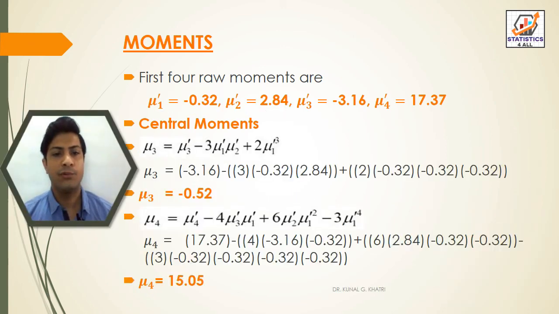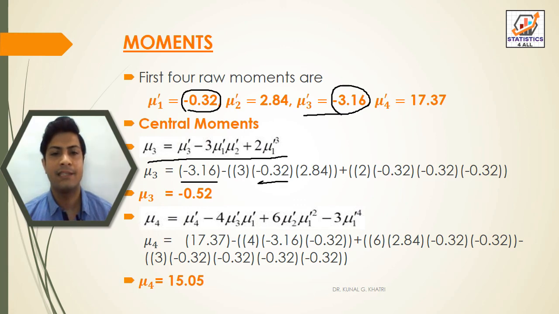Now we'll find mu 3, where mu 3 is equal to mu 3 dash minus 3 mu 1 dash into mu 2 dash plus 2 mu 1 dash cube. So here mu 3 dash is equal to minus 3.16, and 3 into mu 1 dash, where mu 1 dash is equal to minus 0.32, and mu 2 dash is equal to 2.84, plus 2 into mu 1 dash cube.